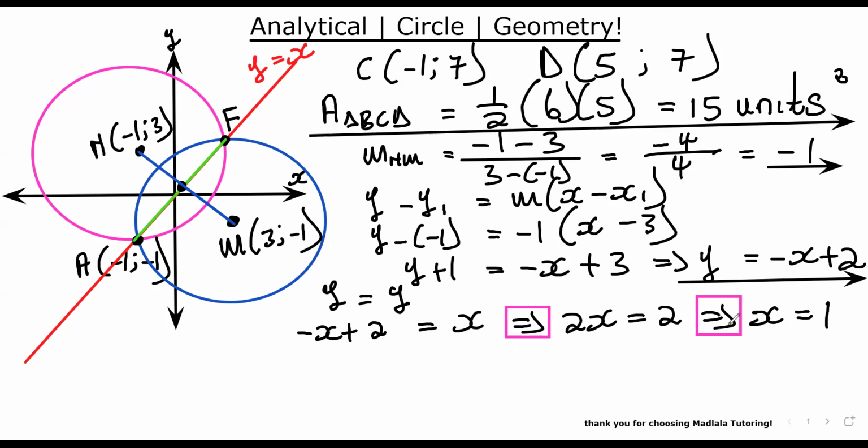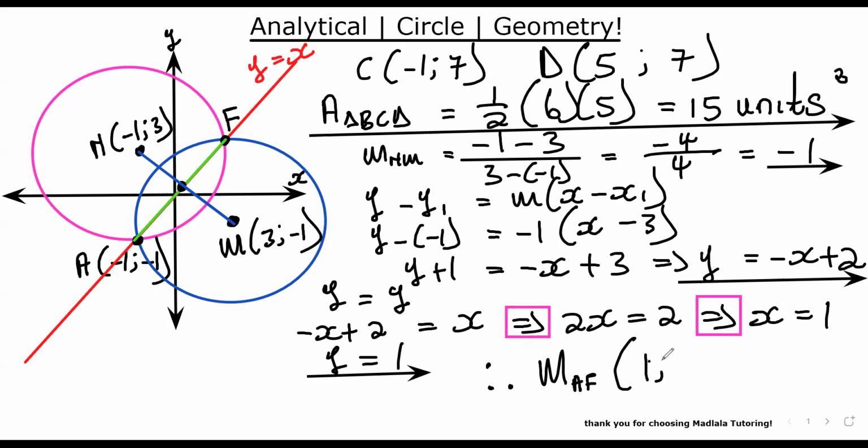So now that we know the value of x is going to be 1, then it stands to reason that the value of y is also going to be 1. So now you can conclude and say, therefore, the coordinates of the midpoint, or maybe you can just write it nicely and say, it's the midpoint of AF.